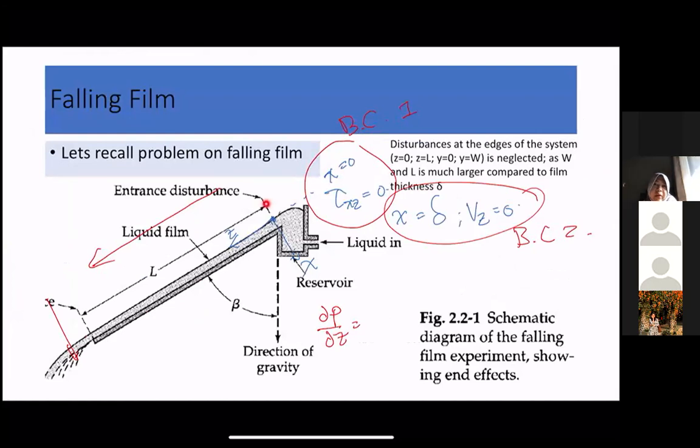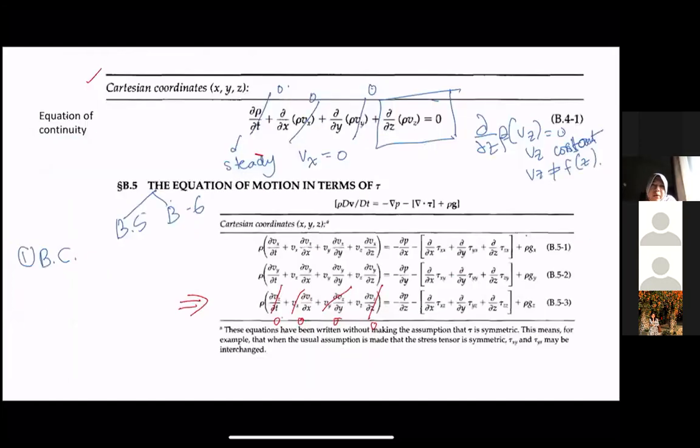Remember the open system and the closed system? So what do you think? What is the value of this one? 0, yes, because this is an open system. If you're not sure, think again, go back to the phenomenon and try to imagine it. It is an open system, so it would be equal to 0.